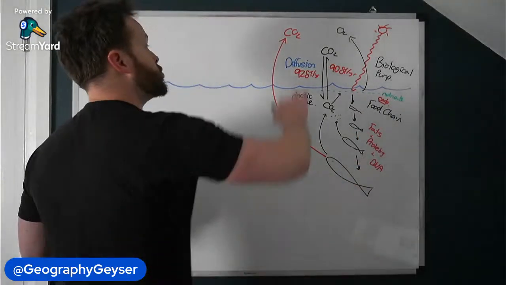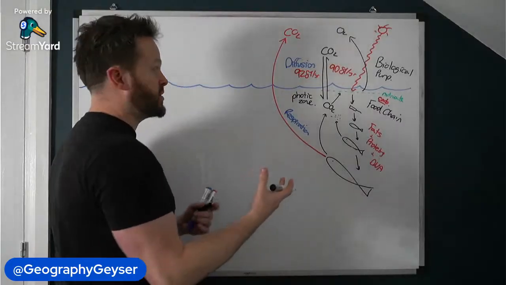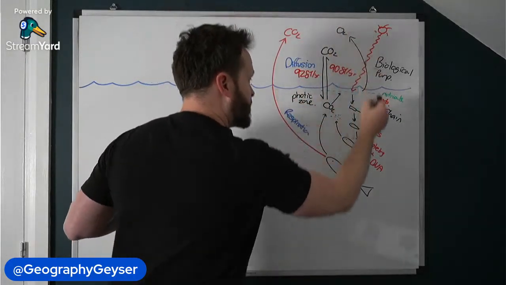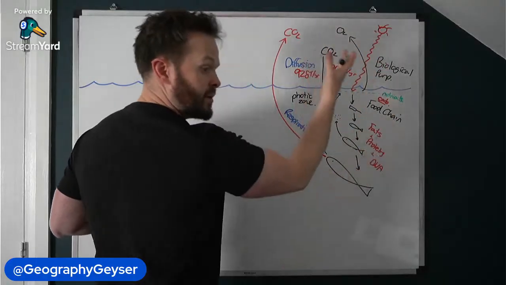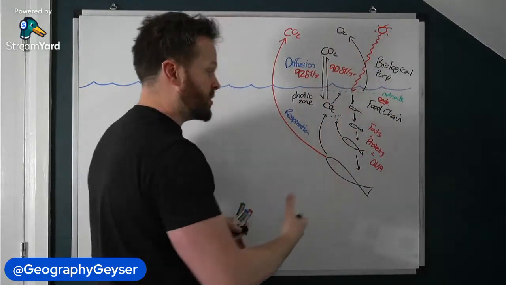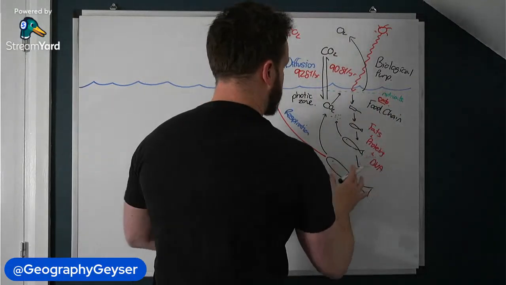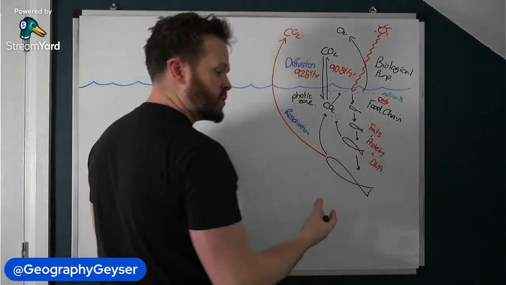So you can't just talk about in, or you won't get as many marks as you could get. You've got to talk about this regulation: carbon going in, carbon going out, and it's part of this equilibrium. So that would be the biological pump. Sometimes it's called the organic pump as well.